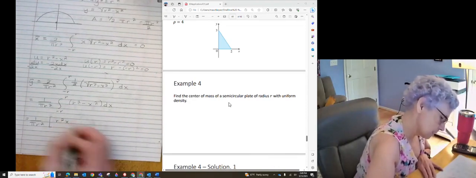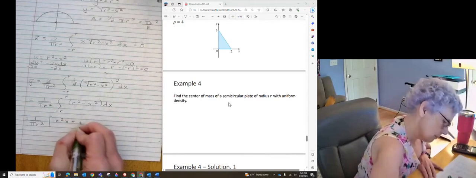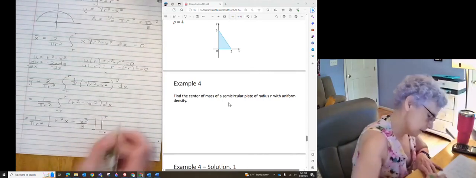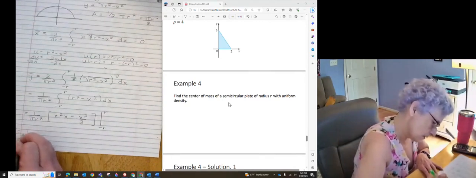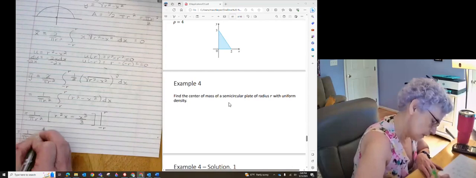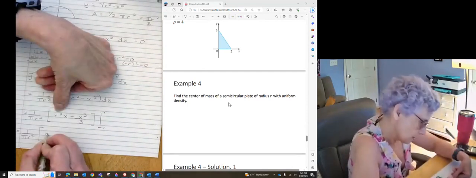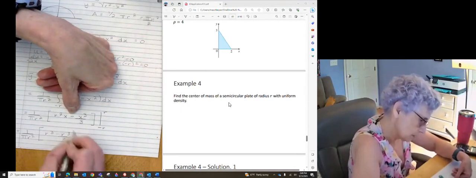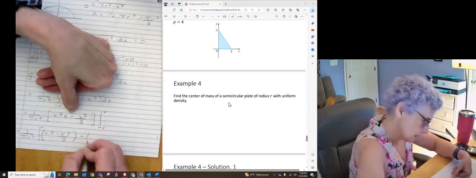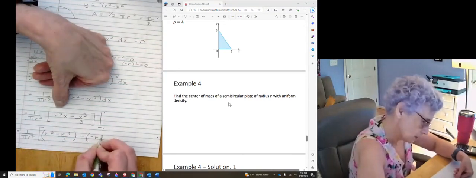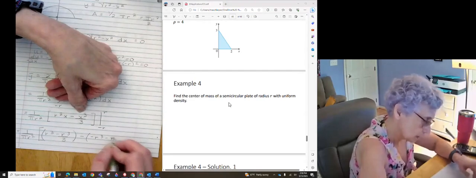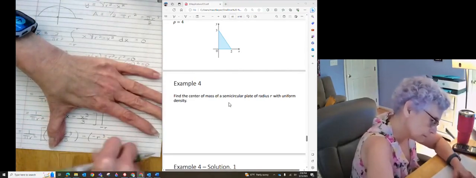Antiderivative of r squared is r squared times x minus x cubed over 3, evaluated from minus r to r. So 1 over pi r squared, I have r cubed minus r cubed over 3 minus negative r cubed minus negative r cubed over 3.